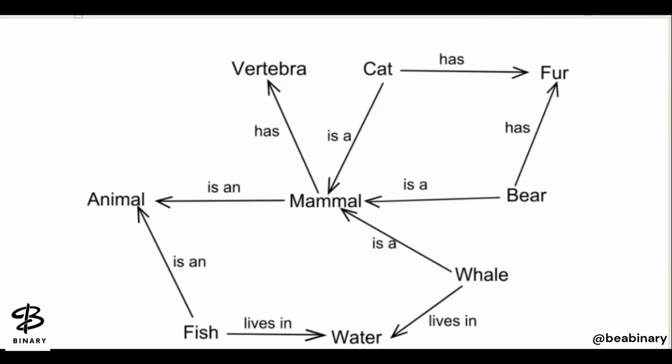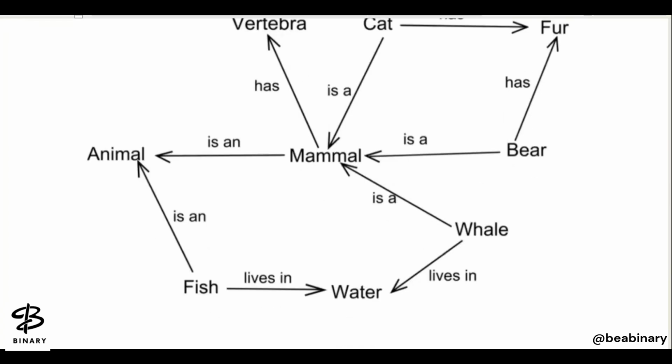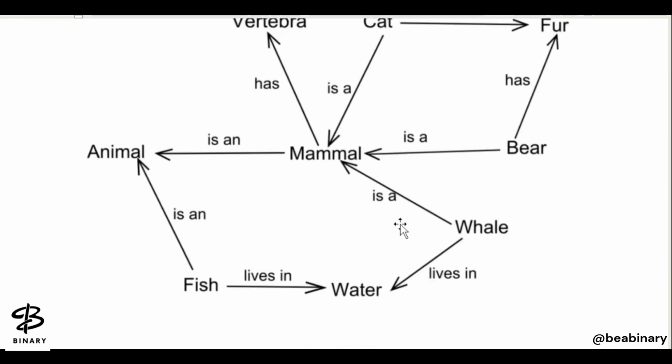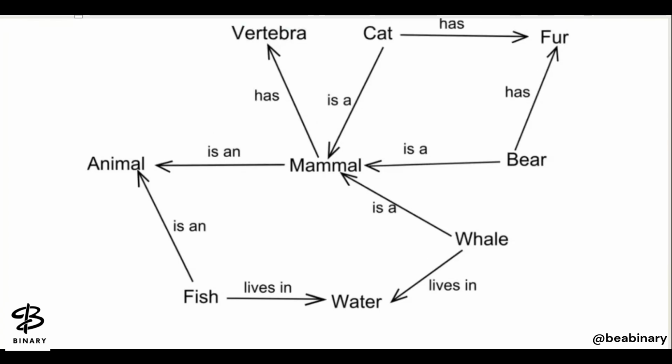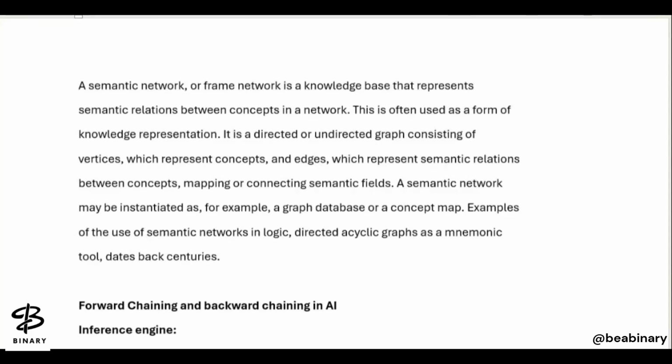In the semantic network, we have taken this example, and we can say it is the extended form of a semantic network, where we are showing the relationship between the concepts animal, mammal, deer, bird, cat, fish, water, and whale, and the associations between the different concepts. So here we have talked about the semantic network and the frame network also.